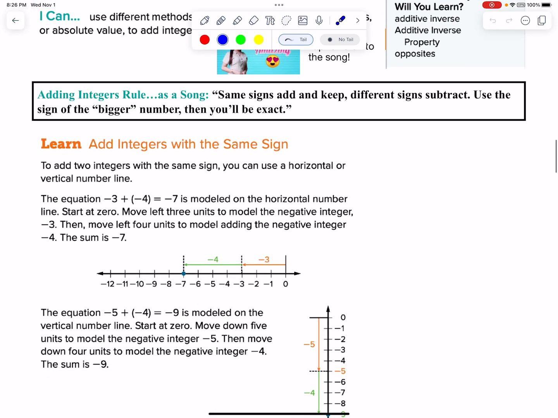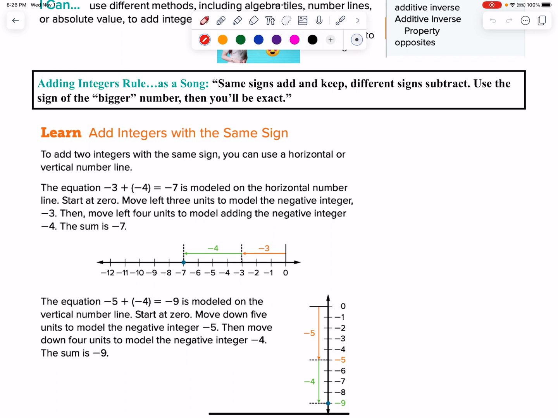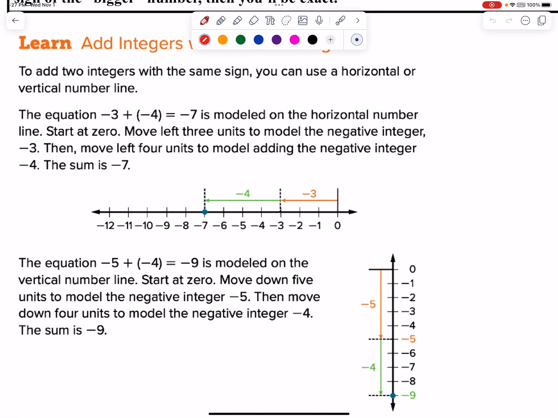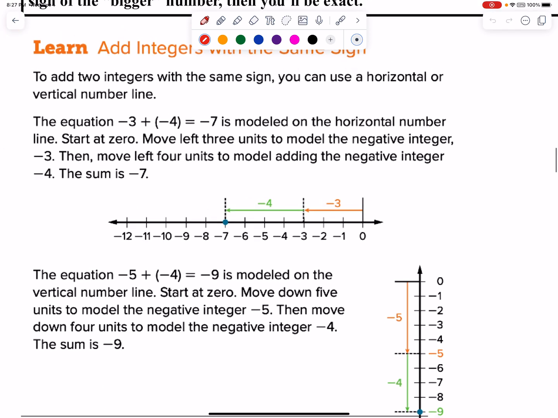So I'll walk you through what that means, but we're also going to talk about the concept of adding integers, or adding positive or negative numbers. And so one thing I want you to see is you are going to have to understand how to represent this on a number line. So you're always going to start at 0 and then represent the first number. So here's the first number we're representing. And so you would start at 0 and you would move 3 negatives.